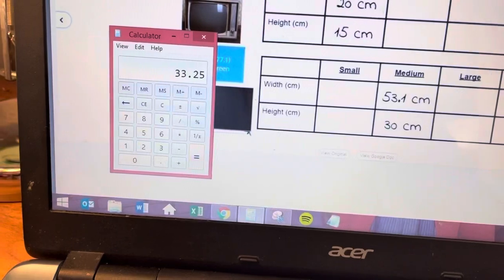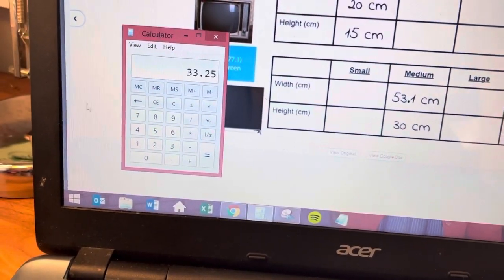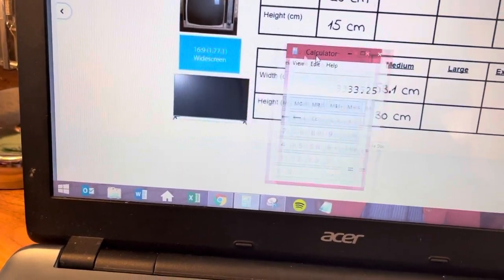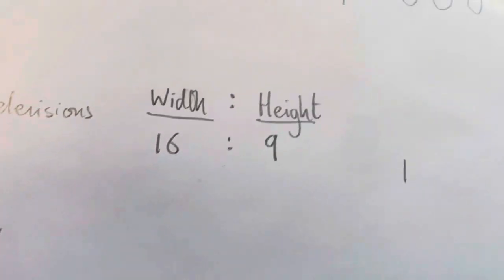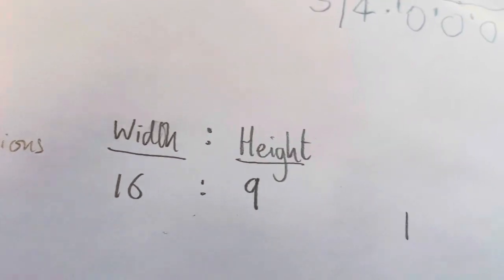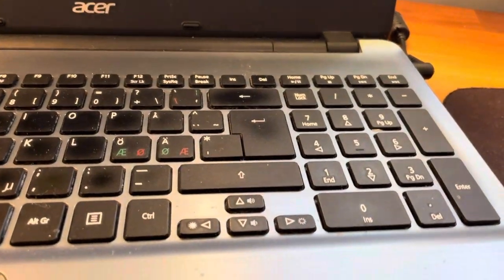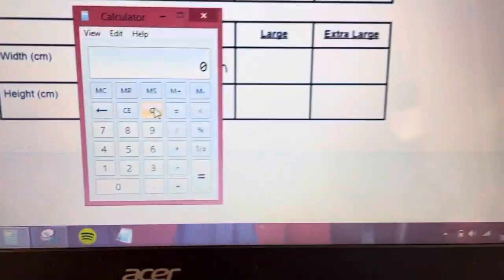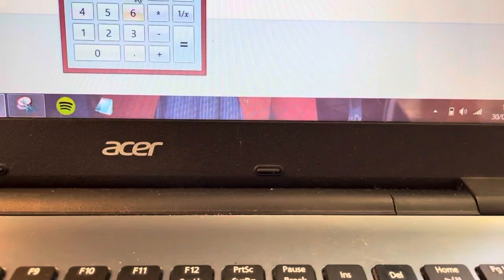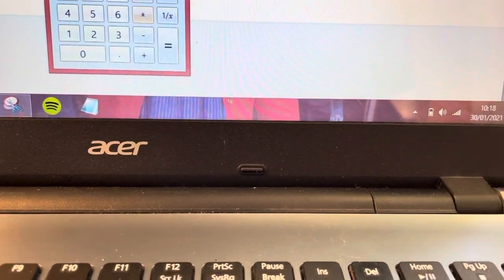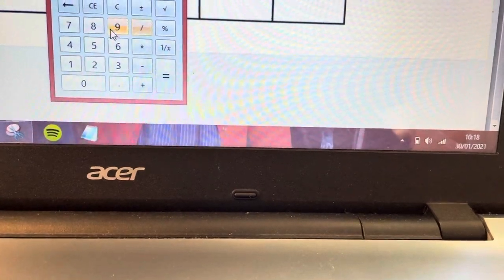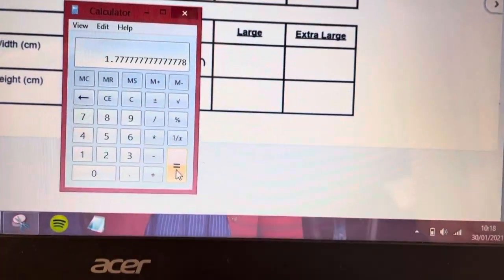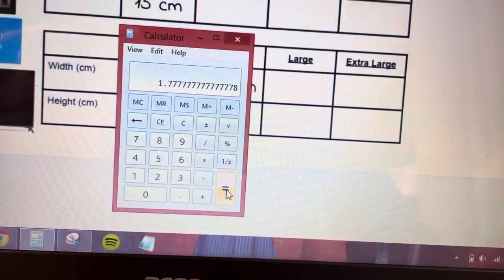Similar thing for the widescreen television. The ratio here is different, it's 16:9. If you do 16 divided by 9, you get 1.7777 recurring.